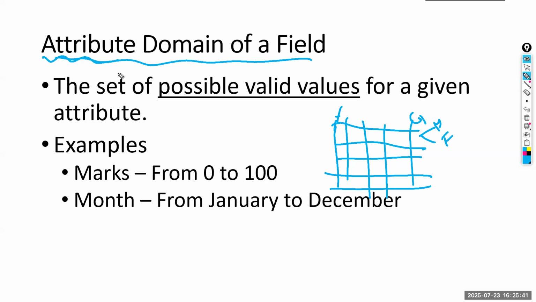Like a price can be anything, salary can be anything, or it can be within a particular range. Someone's name can be almost anything, right? The domain of an attribute can be very restrictive or very open, or sometimes there is a range of values.